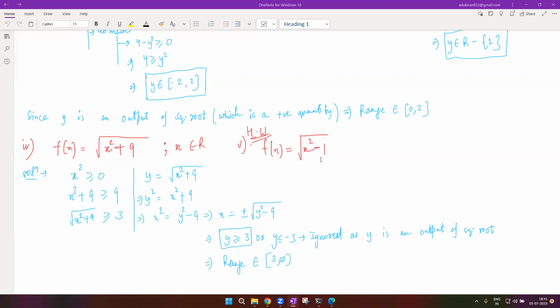Whatever your answer is, just share it. If you haven't solved this question, I would like to start from it, because I gave it as homework and I would like to know whether you have understood how to find the range of these kinds of functions or not.